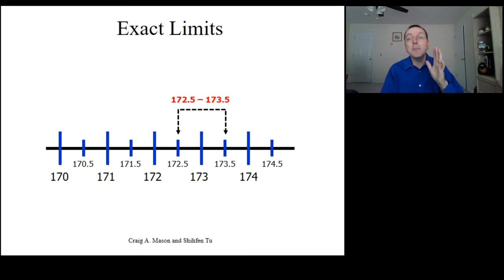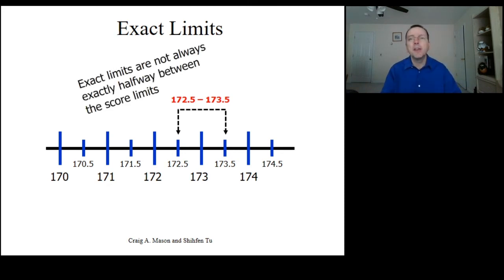Now, exact limits often just reflect our rounding, which makes a lot of sense. But it also implies that they're always halfway between whatever our score limits are. And while that's often true, it's not always the case. Think about when we report that a child reads at the second grade level.